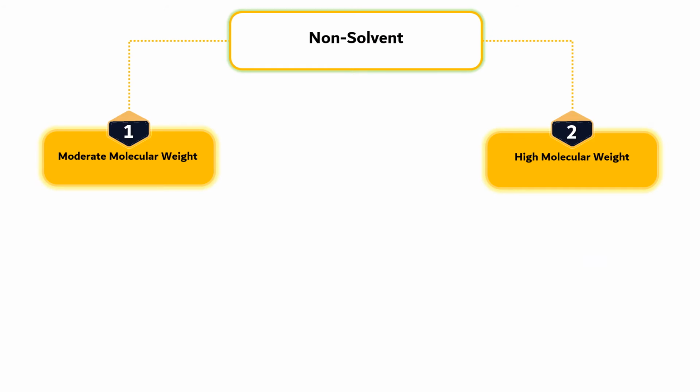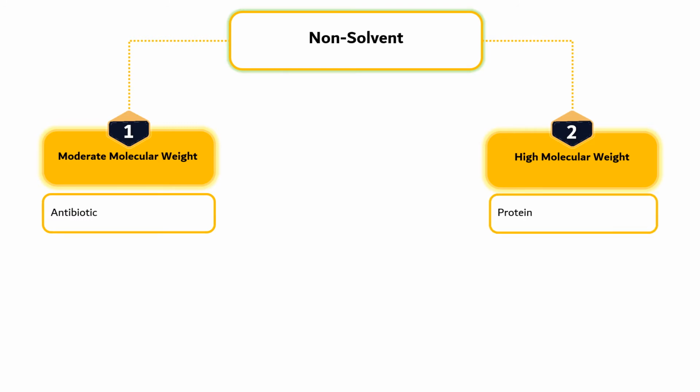What are the non-solvents? This question has different answers depending on whether the precipitate has a moderate molecular weight, like an antibiotic, or high molecular weight, like a protein. For antibiotics, the feed is commonly a solution in a solvent, like ethanol, acetone, or t-butanol, and the non-solvent is water.